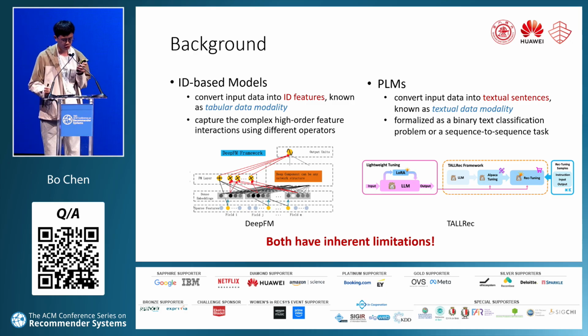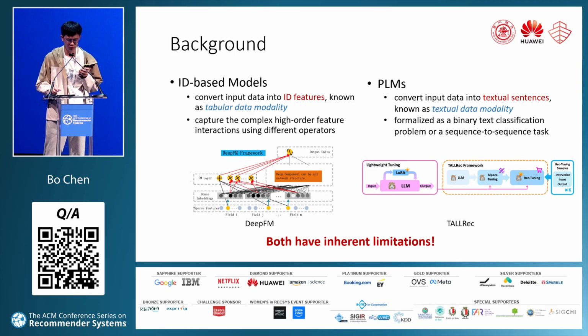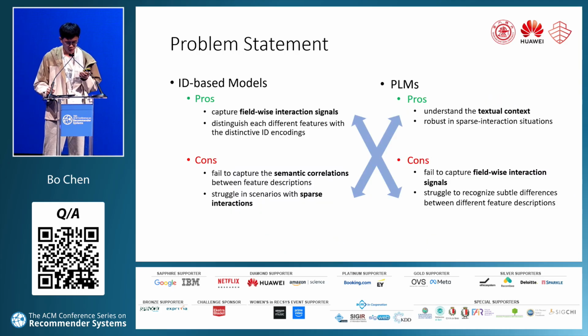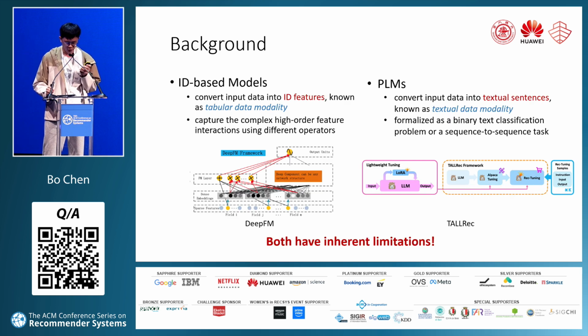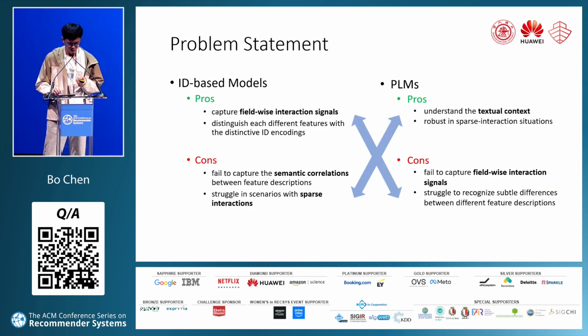However, both of the above methods have limitations. First, the ID-based models can capture the field-wise interaction signals and distinguish each different feature with the ID encoding.